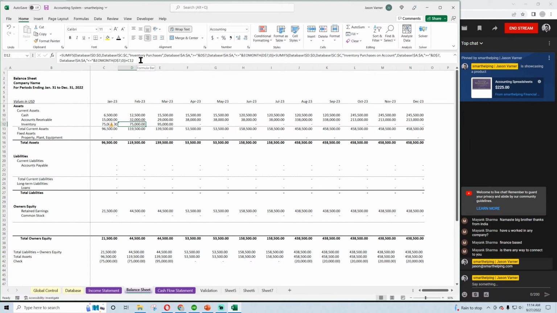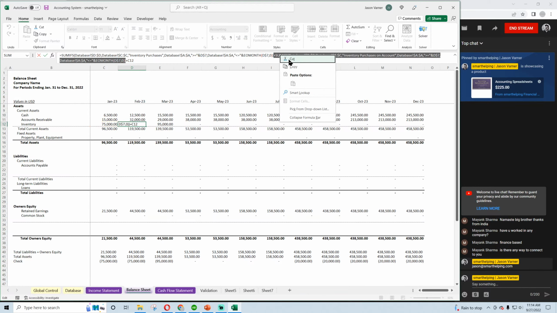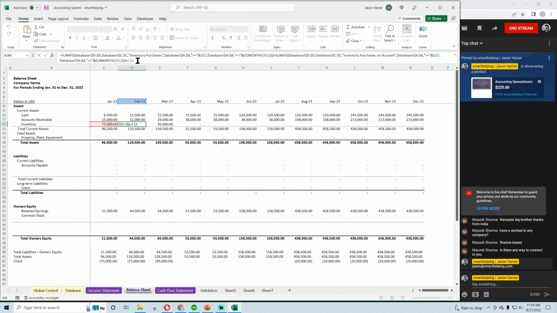And then minus, now here's where we do a minus, and let's put this at the end. So we do subtract cost of goods sold inventory. So any cost of goods sold, that reduces the value of inventory.